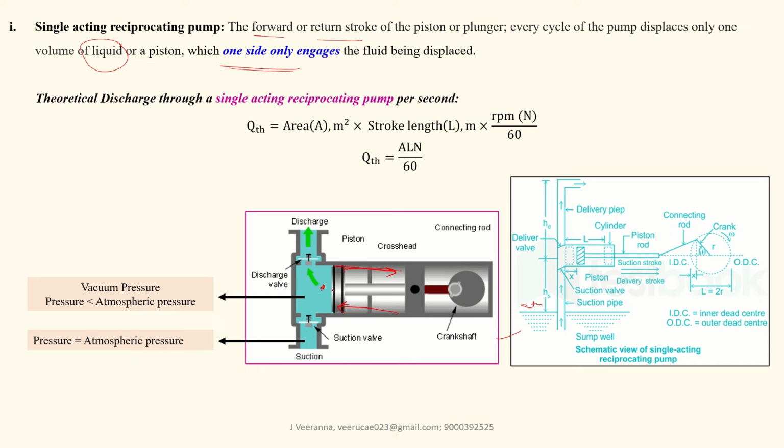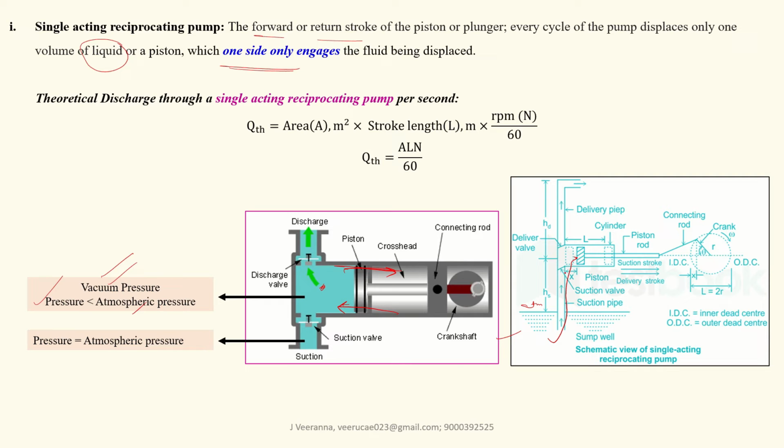So the pressure in this cylinder is lesser than atmospheric pressure. Vacuum pressure always means the pressure in this cylinder is lesser than atmospheric pressure. Due to this concept, the water will move upward in this cylinder.